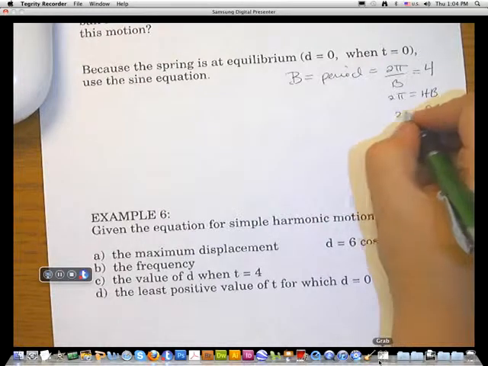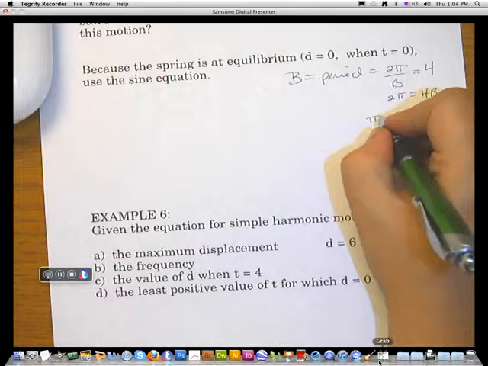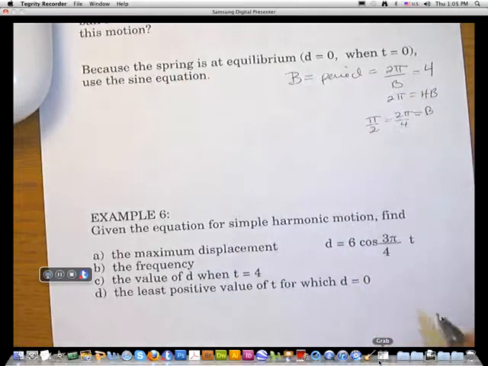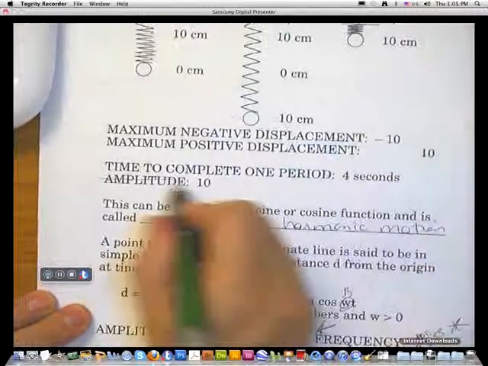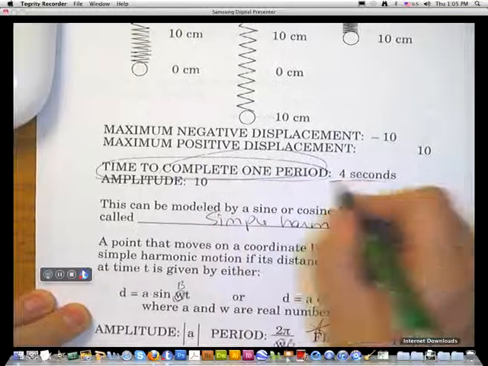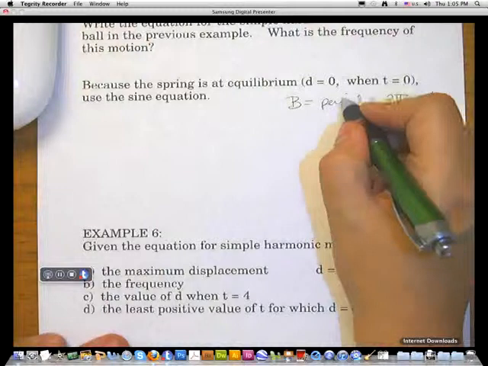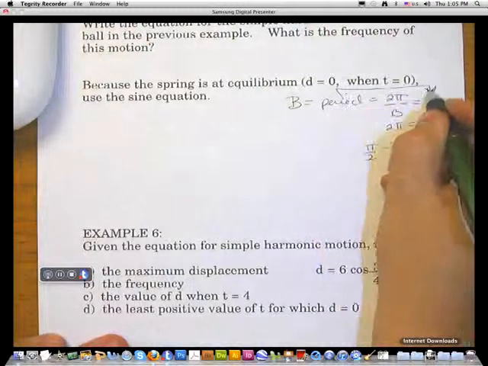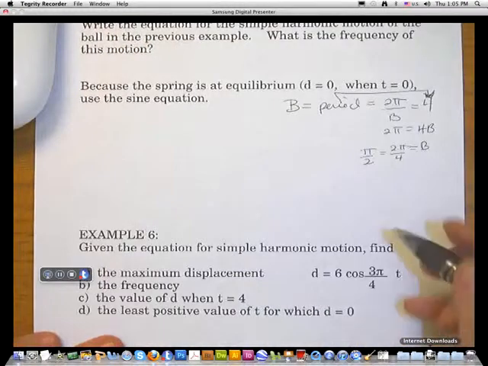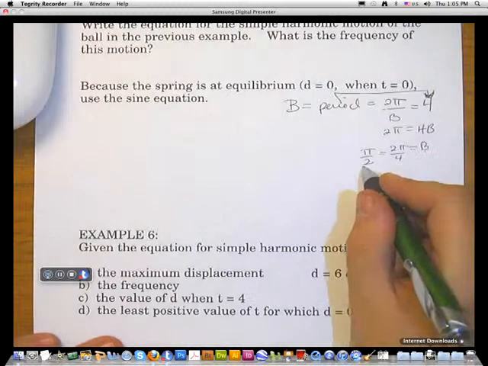So B is 2 pi over 4, which is pi over 2. Keep in mind, this is going back to the problem that was here on time to complete one period was 4 seconds. So period is 4. That's how I found my B.